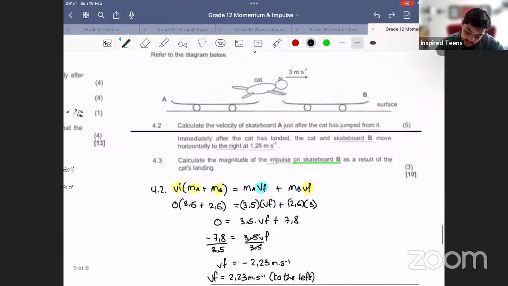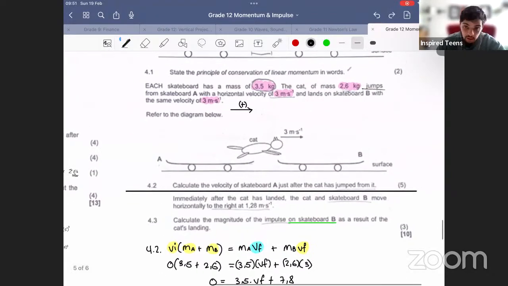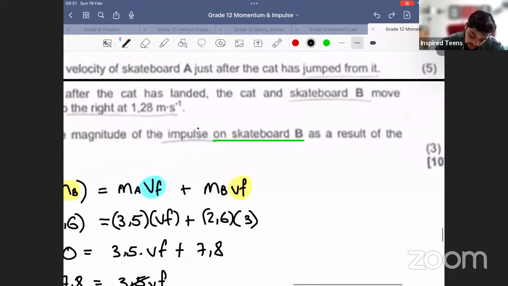So let us consider the initial velocity of this guy is 0. Firstly, impulse, delta P, is equal to m times v final minus v initial.